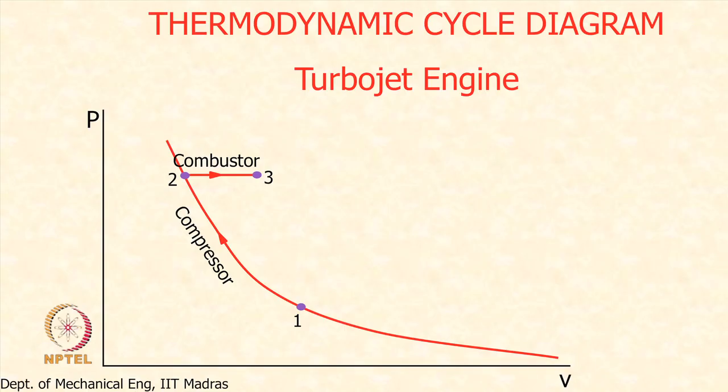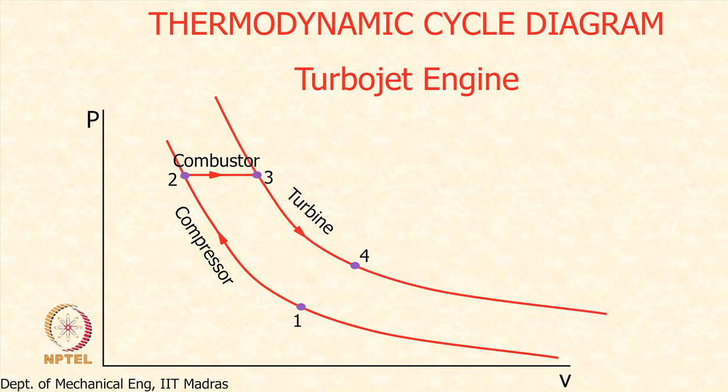We add heat in the combustor, which is a constant pressure process from 2 to 3. Once that is done, we extract part of the enthalpy to generate the work for the compressor. That is an expansion process in the turbine from 3 to 4. So the 3 to 4 expansion is required to produce the work that is necessary to drive the compressor, and the remaining enthalpy is extracted in the nozzle, that is process 4 to 5.